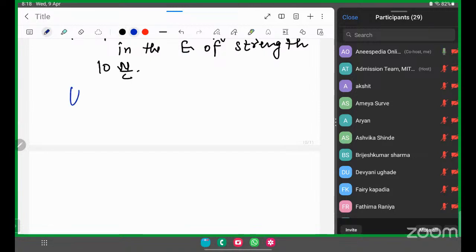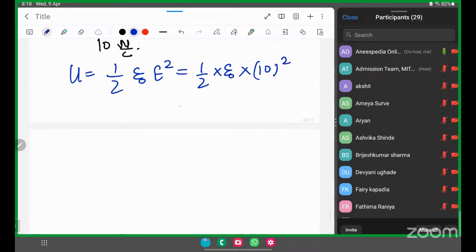So energy density U is 1 by 2 epsilon naught E square. So this will be 1 by 2 into epsilon naught into E square, which is 10 square. So this will be 100 by 2, that is 50 epsilon naught. So this will be the energy density. And the unit for energy density will be joule per meter cube.